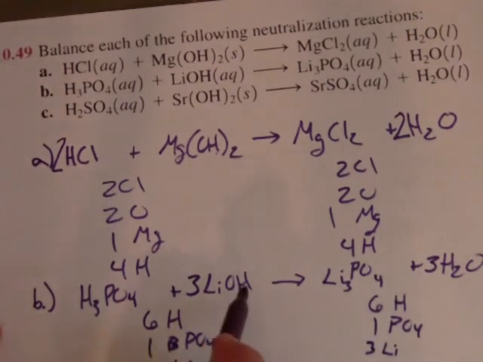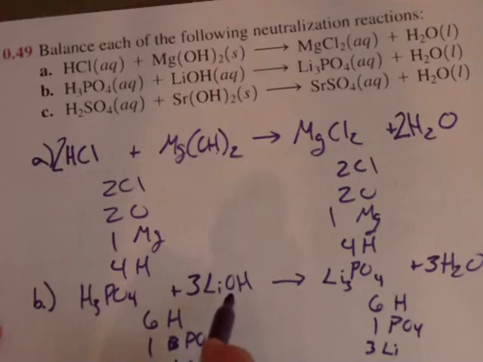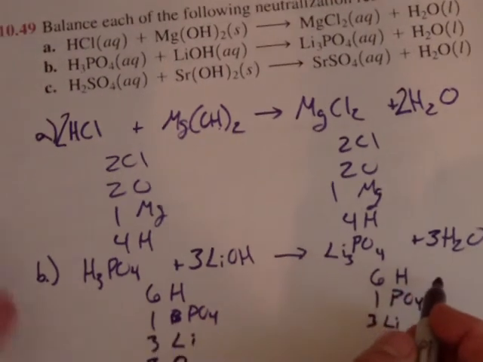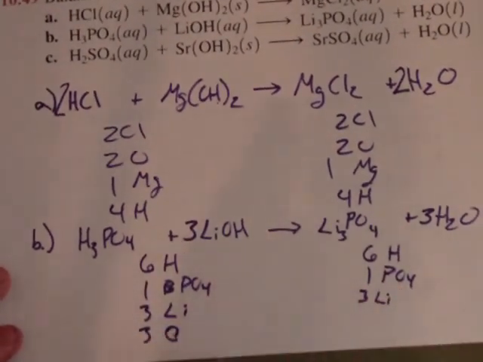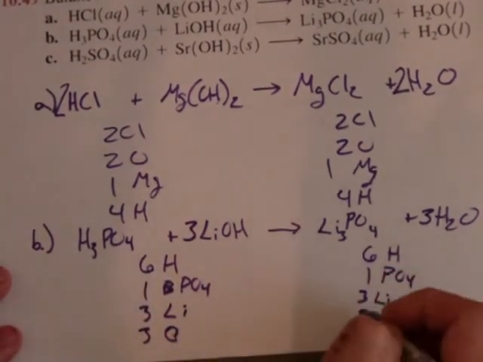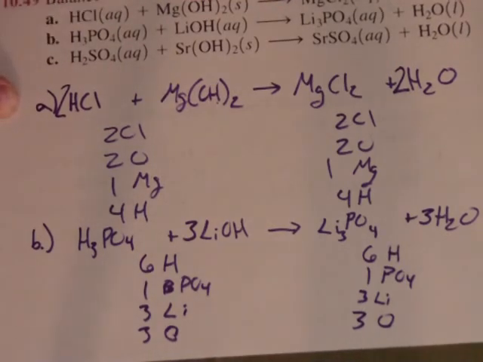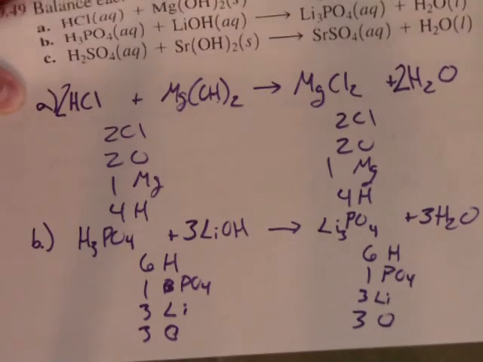And let's see, we have 3 oxygens here, and then 3 oxygens came off there, and then 3 oxygens here. And so we look pretty balanced. And so that's how you would balance a neutralization reaction.